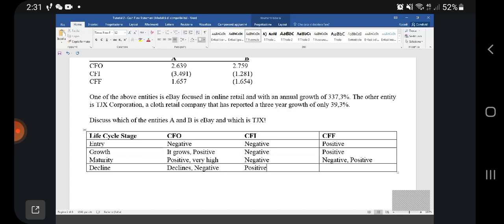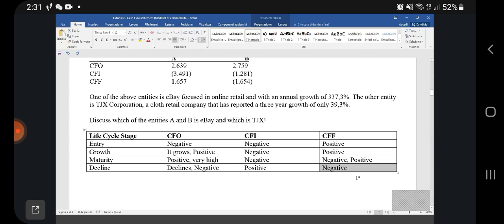They sell their equipment and use this money, the money that they take from disposal of assets, to do what? Pay loans. To repay any remaining debt. So negative is going to be the sign of the cash flows from financing.